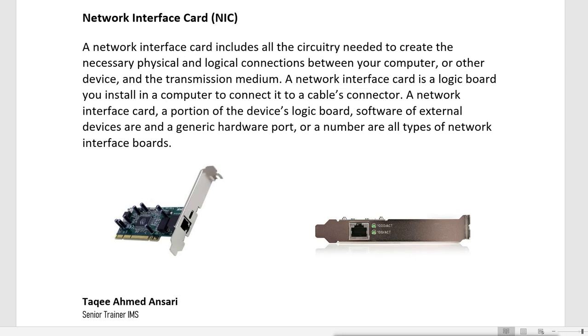A network interface card is a logic board you install in a computer to connect it to a cable's connector. A NIC can be a portion of the device's logic board, software of the external devices, a generic hardware port, or a card; all are types of network interface board.